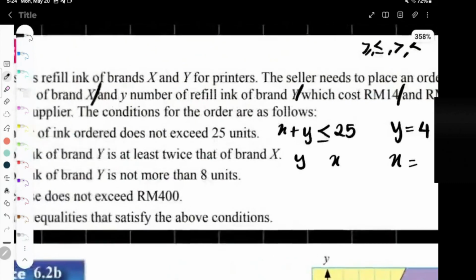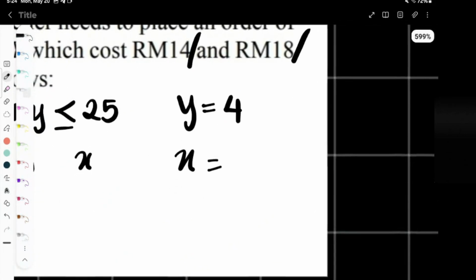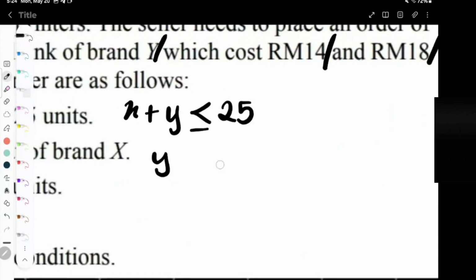Y is at least twice of X, so X should be 2, because 2 times 2 is 4. Another number: if Y is 8, X is 4. So basically what they're talking about is Y at least 2x.